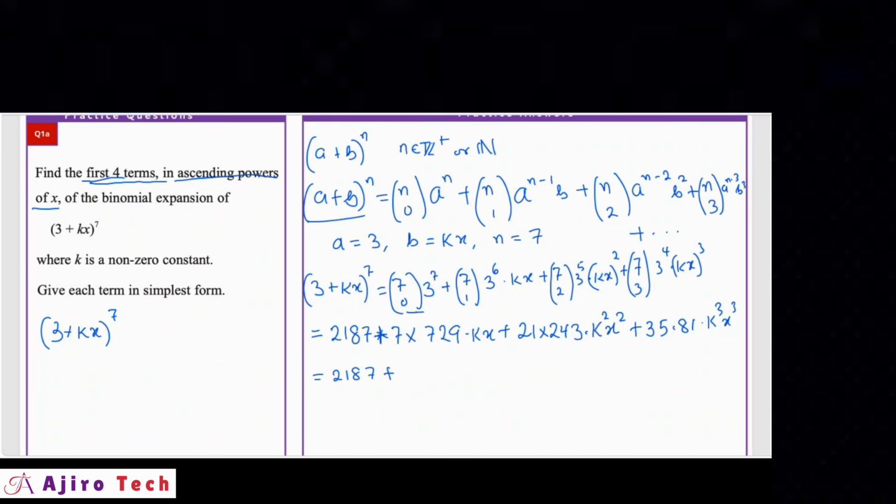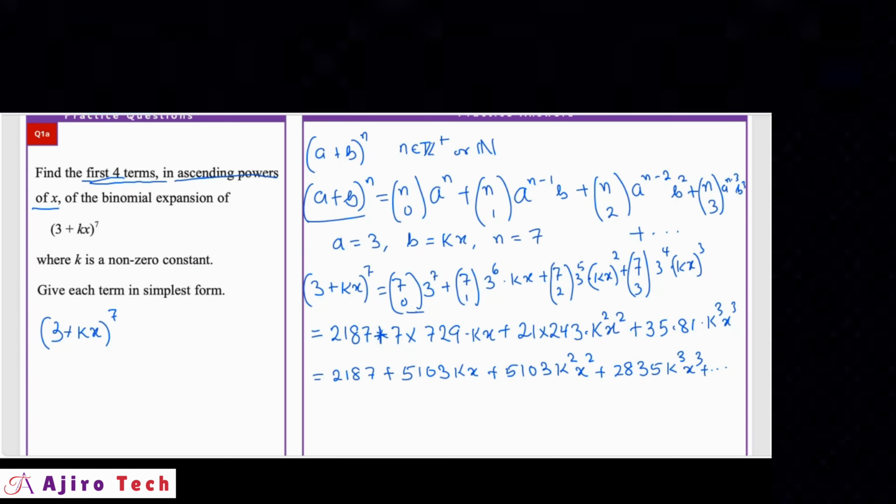2,187 plus 7 times 729, which is 5,103 kx, plus 21 multiplied by 243, which is also 5,103 k squared x squared, plus 35 multiplied by 81, which is 2,835 k cubed x cubed, plus dot dot dot to show that it continues.